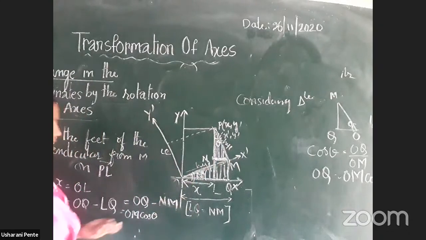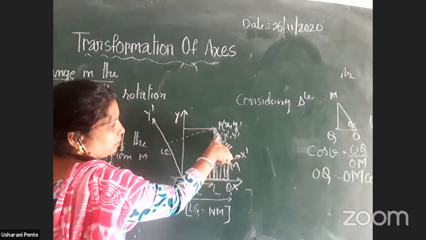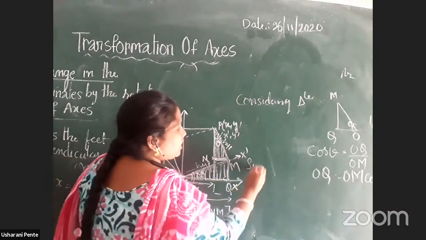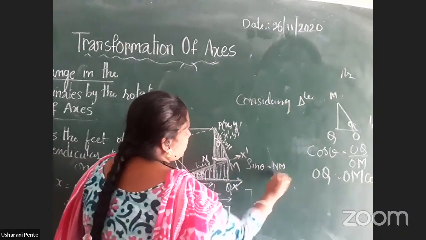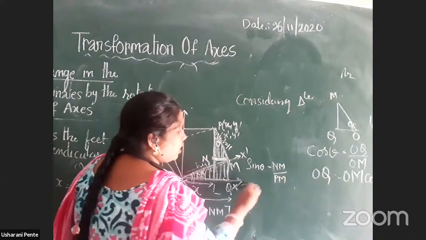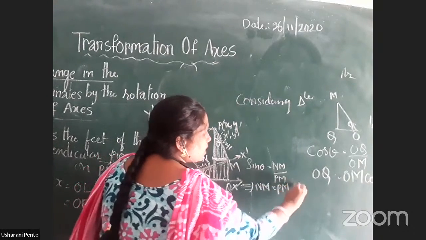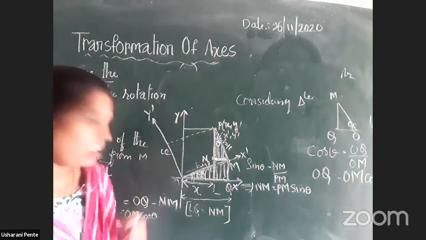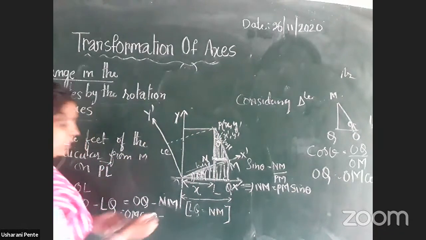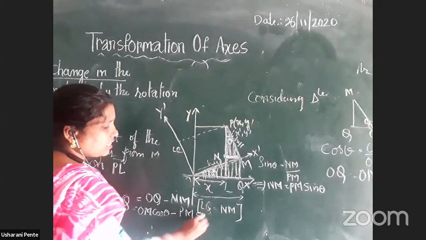As we want this NM value, sine theta is equal to NM by PM. Here we'll get NM is equal to PM sine theta. So in place of NM, I'm substituting PM sine theta.